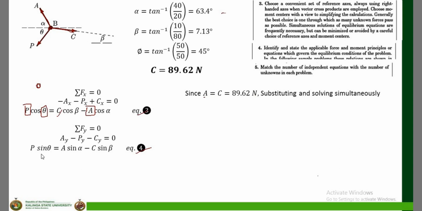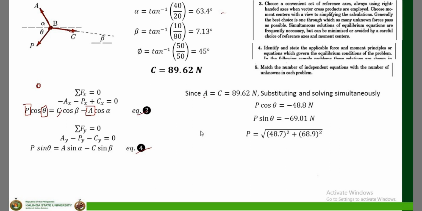Again, inputting these values in your calculator, solving simultaneously equation 3 and equation 4, you will see in your calculator that P cosine of theta is equal to 48.8 newtons, and P sine theta is equal to 69.01 newtons.